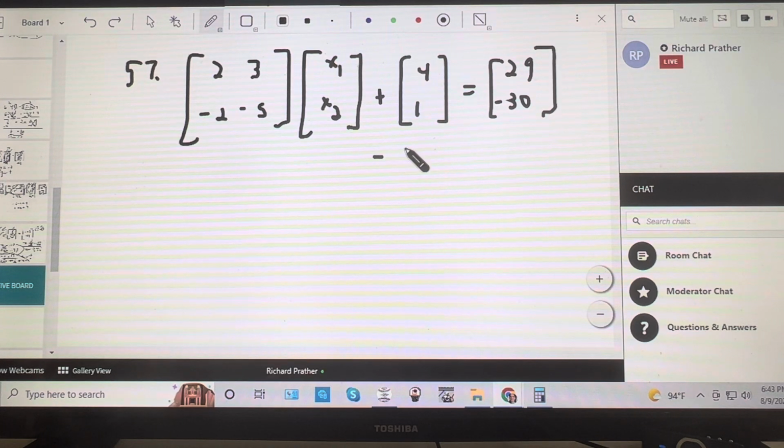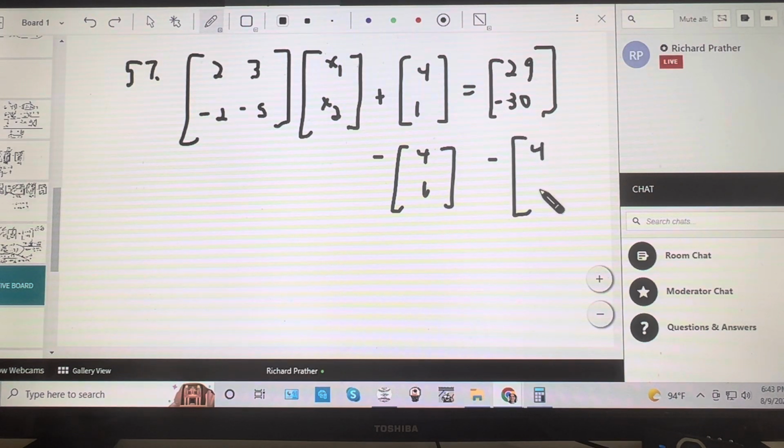Well, we could just subtract this matrix from both sides, because then you would have a 2 by 1 minus a 2 by 1, which is a 2 by 1. And just like in algebra, these would cancel out.